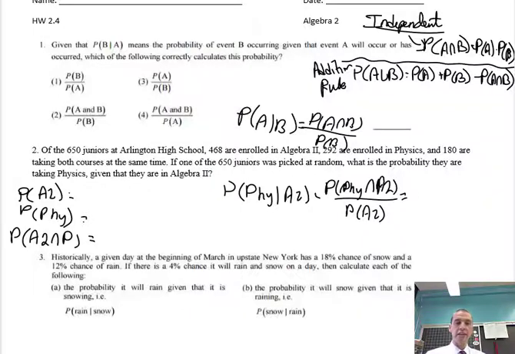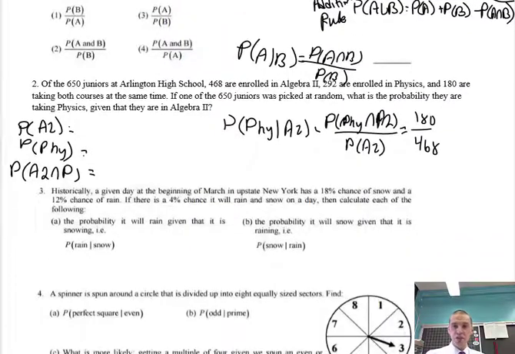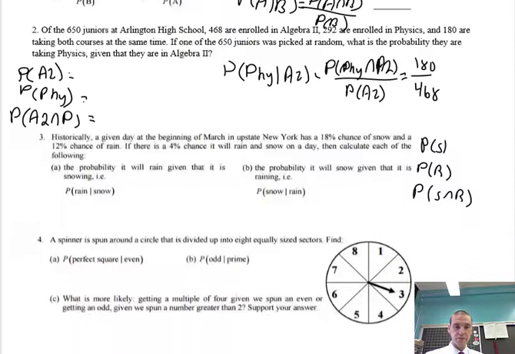If you have this filled in, all you do is plug it in, and it should be 180 over 468. You need to make sure that you have the probability of snow, probability of rain, probability of snow and rain, and then all you do is plug in.